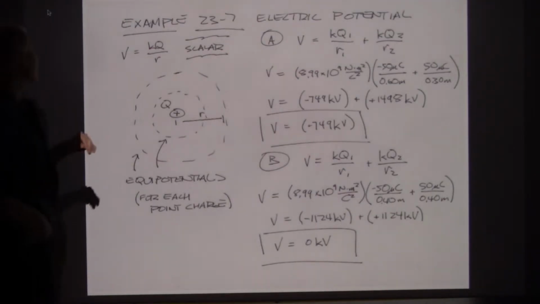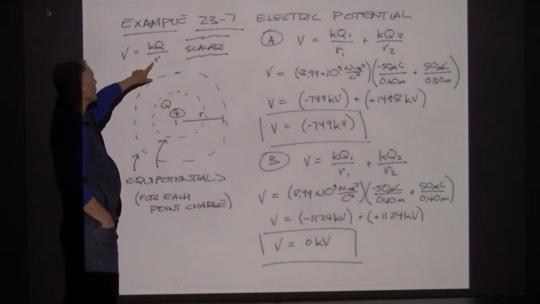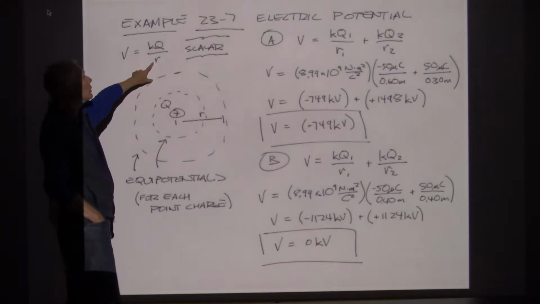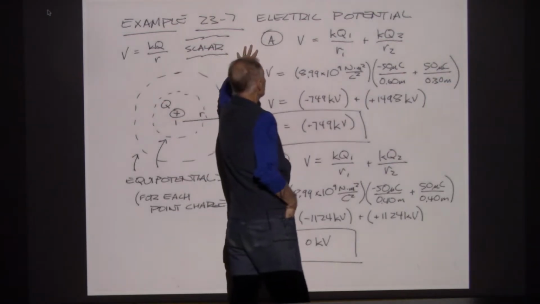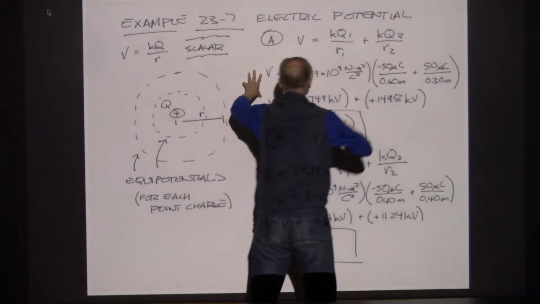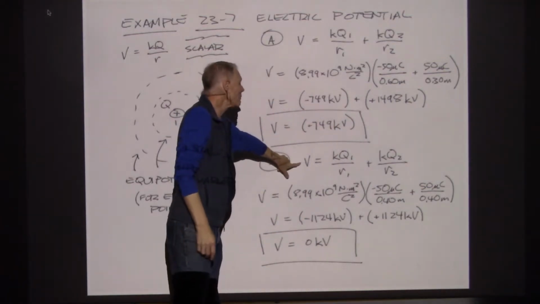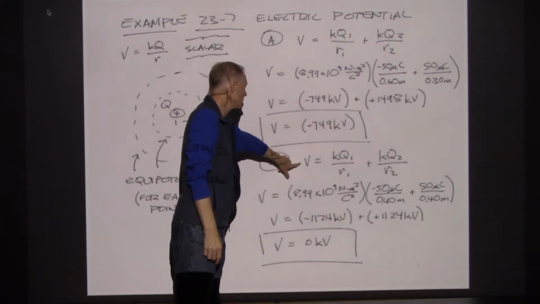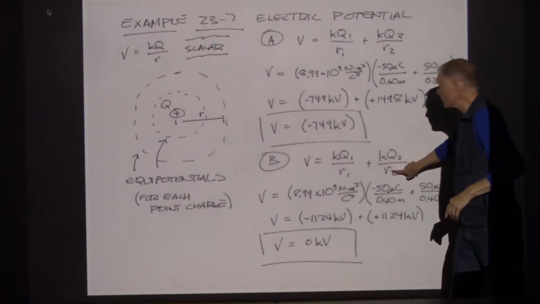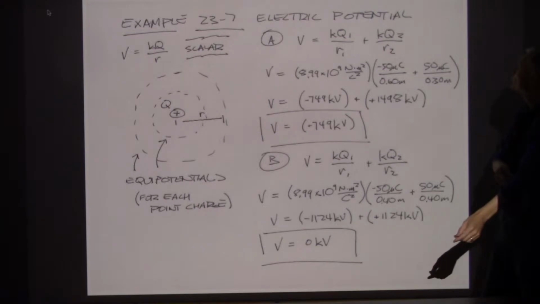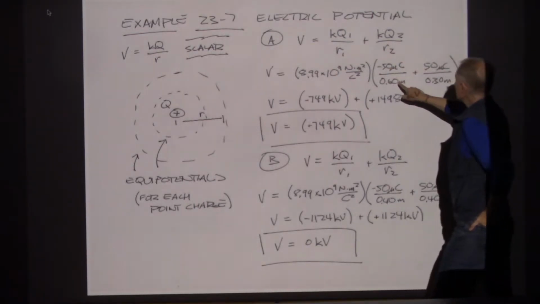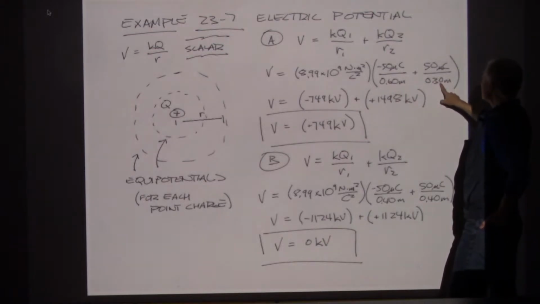I can do the whole problem just using the formula for the potential due to a point charge. So for point A, I do kQ1 over r1, kQ2 over r2, and then when I get to part B, I'm using the very same formula. Now, the Q1 and the Q2 have not changed, but the r1s and the r2s have. So at position A, r1 and r2 had values of 60 centimeters and 30 centimeters.